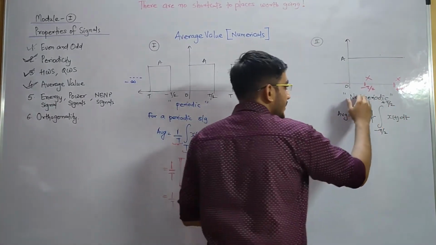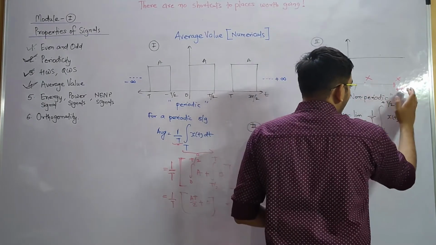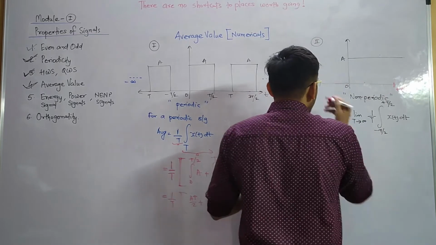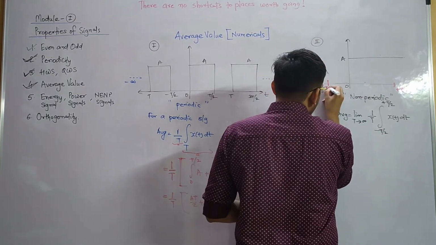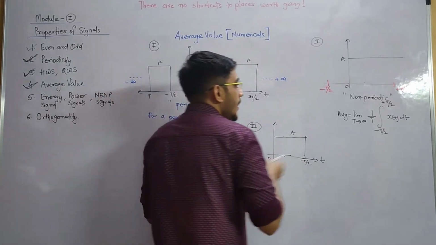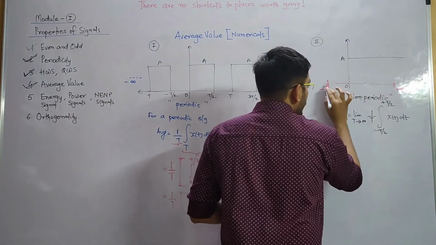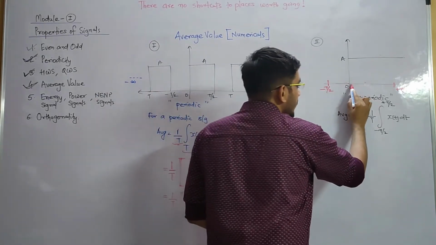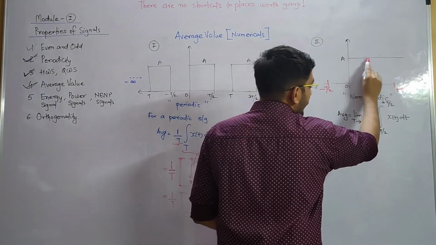Now just look at this another case. I'll just rub this off here, and let's keep plus t by 2 there itself. That's not a problem. We'll put minus t by 2 here. Now just see carefully. From minus t by 2 to 0, the signal has 0 amplitude, and from 0 to plus t by 2 the signal has amplitude of a.